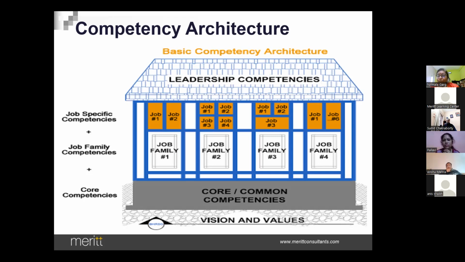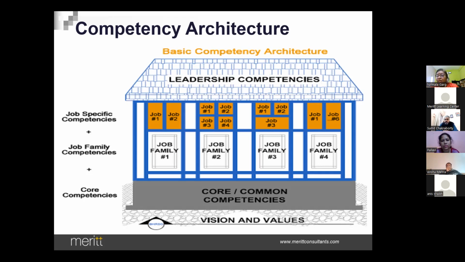Before we do competency mapping and the competency dictionary, we have to understand the architecture. When you make a house, you want to know the architecture, the design, the plan. What does it mean when I say competency architecture? Architecture means design.